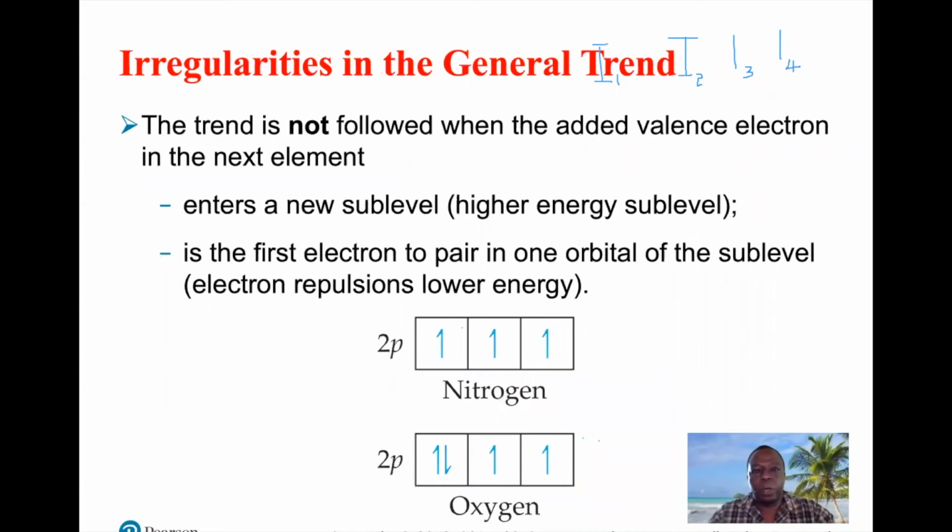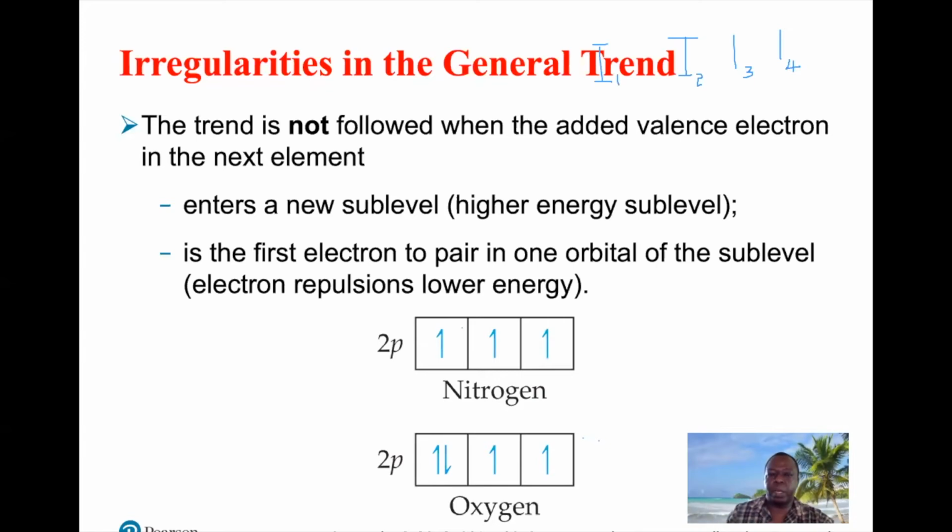So be careful when you're reading the questions so that you understand clearly how to respond. Now, there are some irregularities in the general trend. The trend is not followed when valence electrons in the next element are added. In the next element, if it enters a new sublevel, a higher energy level, then it changes. If electrons have to pair in an orbital of the sublevel, electron repulsion lowers the energy.